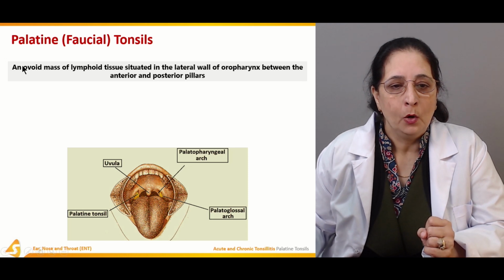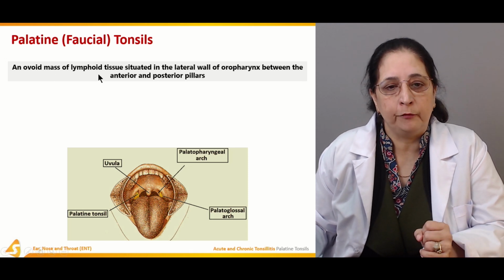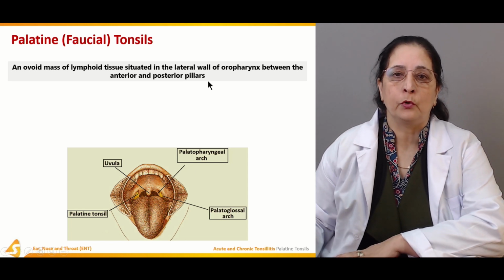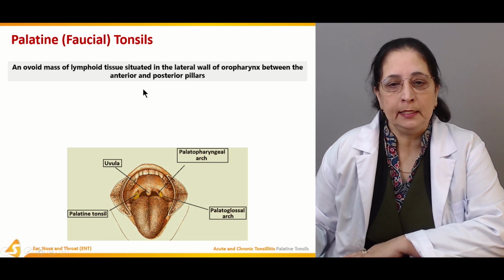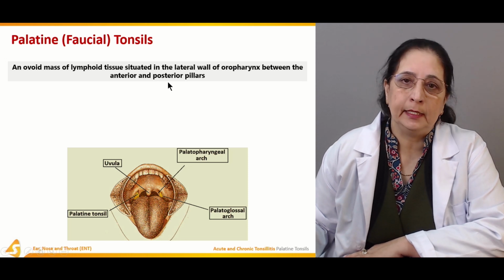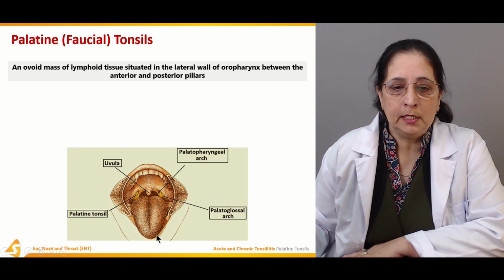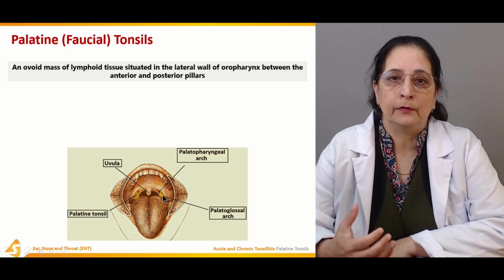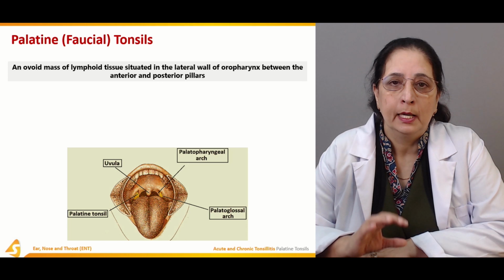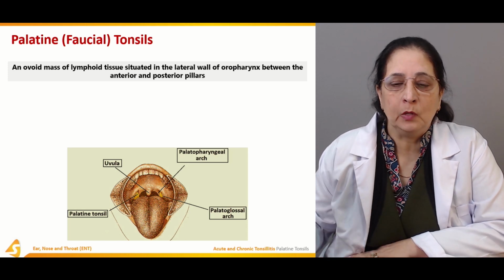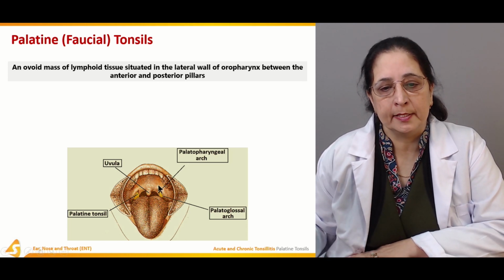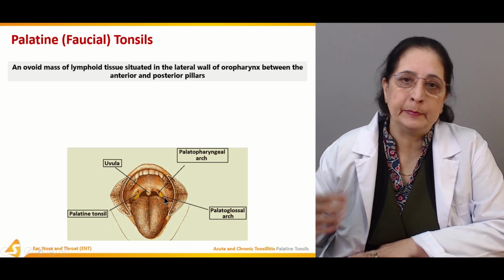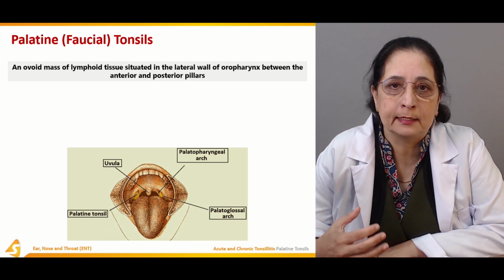So this is the ovoid mass of lymphoid tissue situated in the lateral wall of the oropharynx between the anterior and posterior pillars.